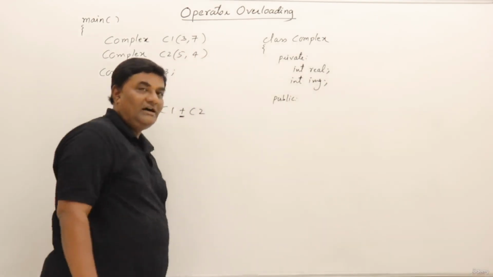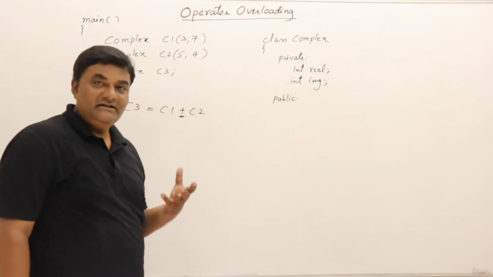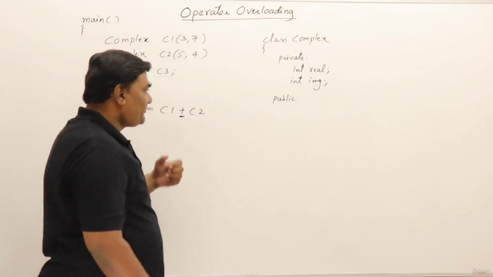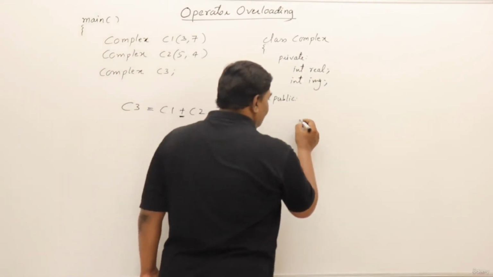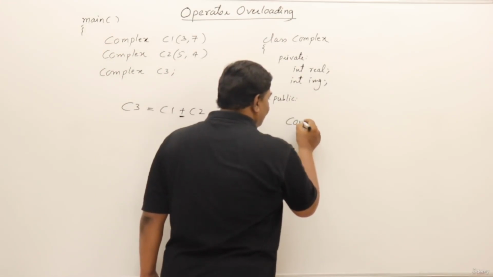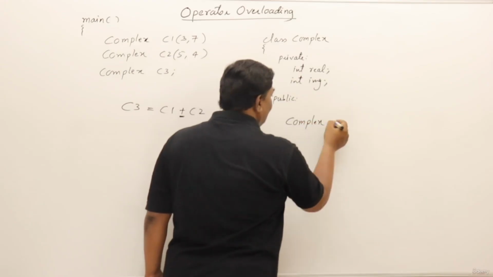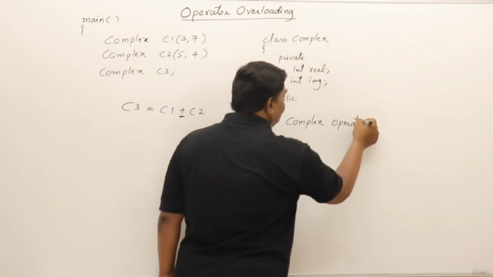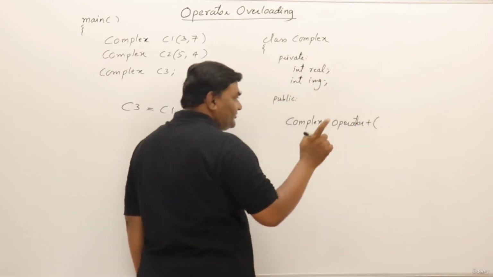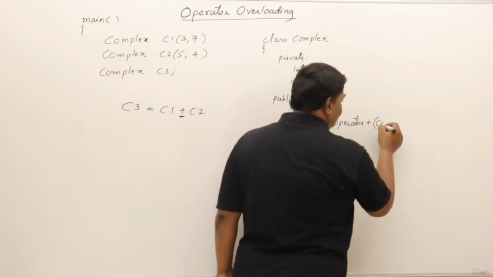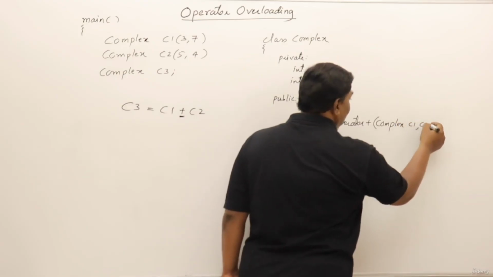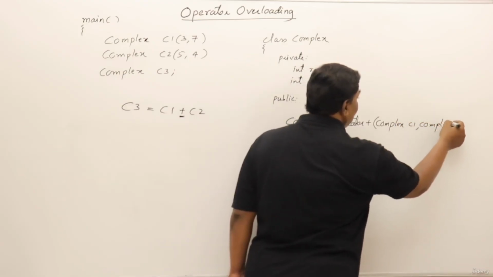Now here I want to have that friend function. So let us see what the prototype of the function should be. It should return a complex number, and the function name is operator plus, only I am using. Then it should take two complex numbers as parameters. So the first one is complex C1 and complex C2.